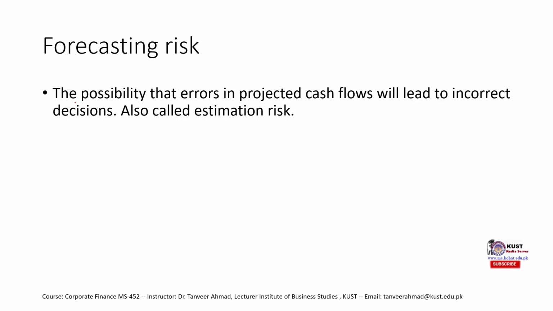So let's go through the definition. The possibility that error is in the projected cash flow will lead to an incorrect decision. And this forecasting error is also called estimation error or estimation risk. So what this means is that if you remember, to calculate NPV, if we need to start a project, we would go through certain capital budgeting techniques, right?